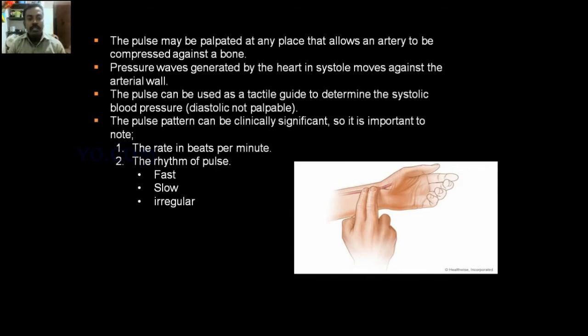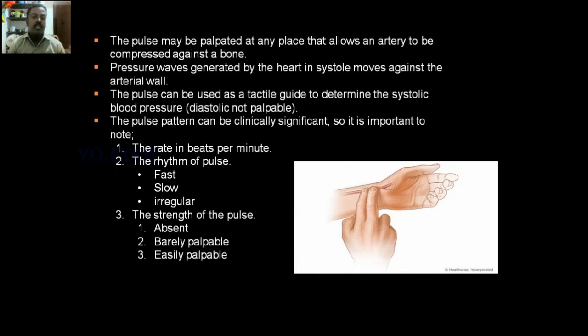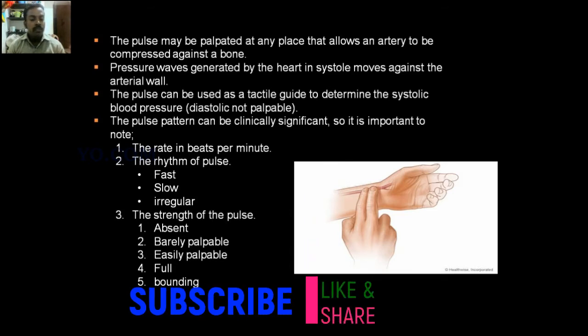The pulse pattern can be clinically significant, so it is important to note the rate in beats per minute, and the rhythm of the pulse, that is fast, slow or irregular. The strength of the pulse is whether it is absent, barely palpable, easily palpable, full, or bounding. These are the things we can measure during pulse measurement.